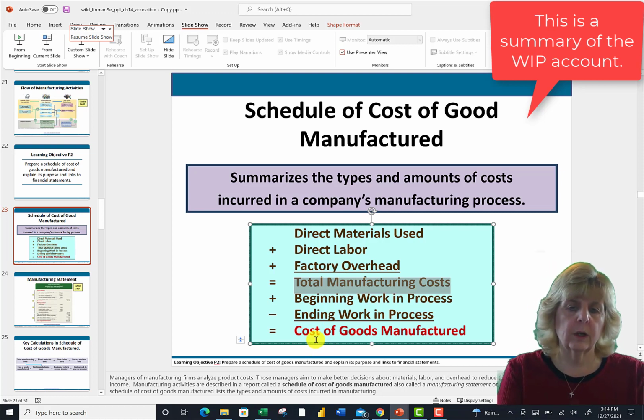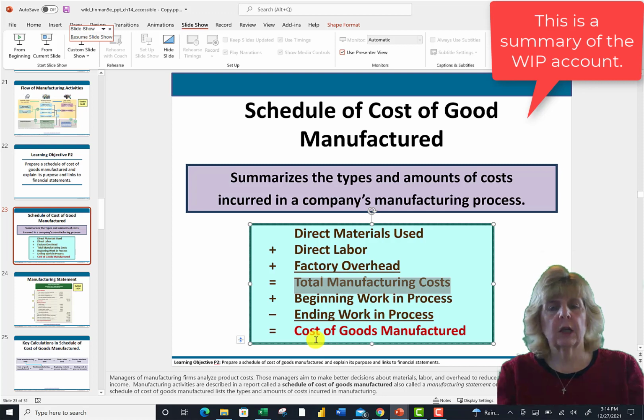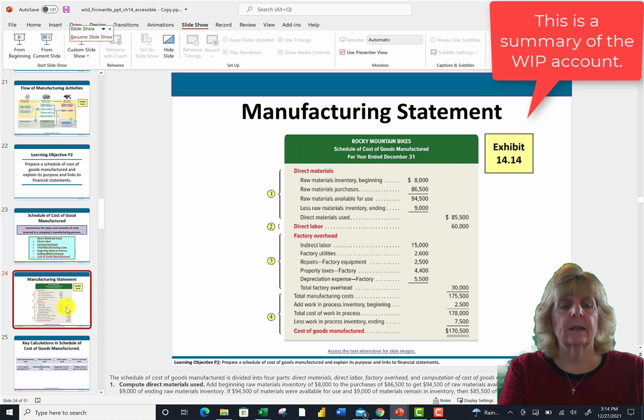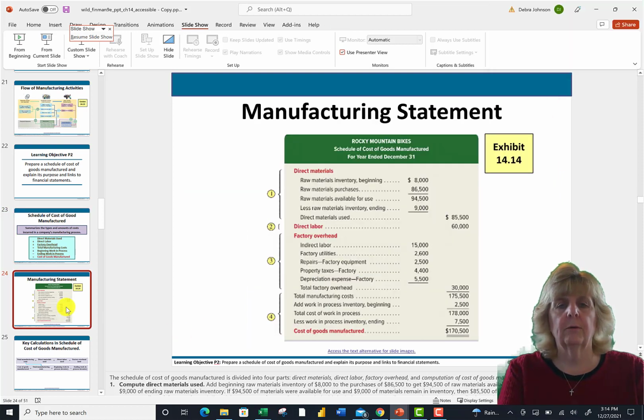This is a critical component whose information is going to be transferred to the income statement. So if you haven't practiced this after the first lecture, I would encourage you to do that before we move on ahead.